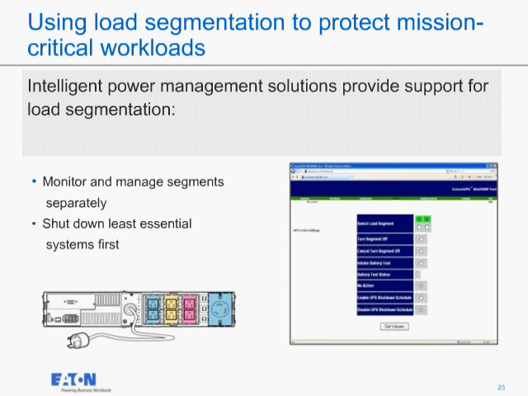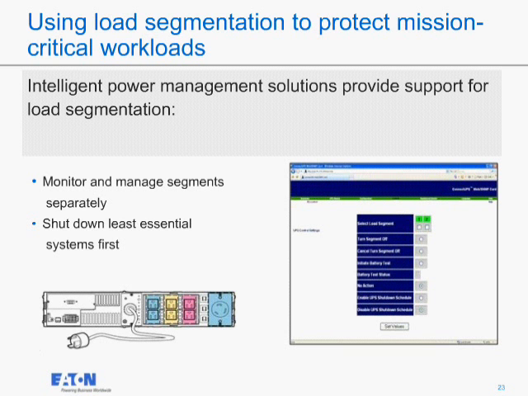What you want to look for in your power management products is the ability to fully support that: to manage and monitor your critical loads, shut down your least essential systems first, and save whatever energy storage you have, be it battery, flywheel, whatever you might have deployed, for the most critical applications until last.